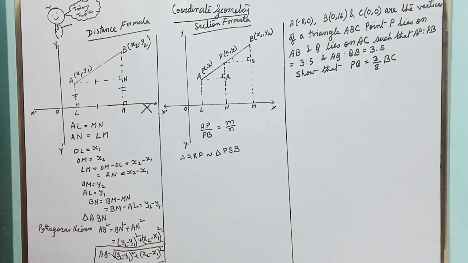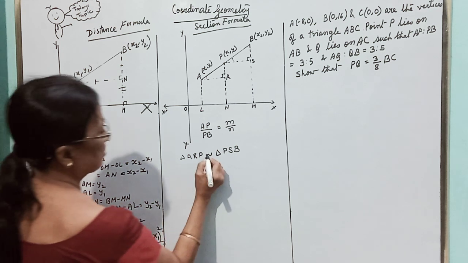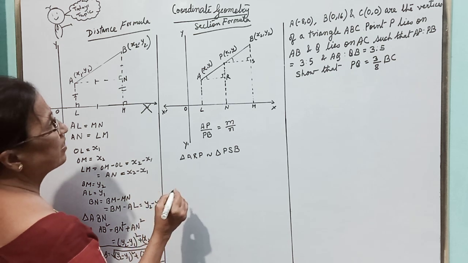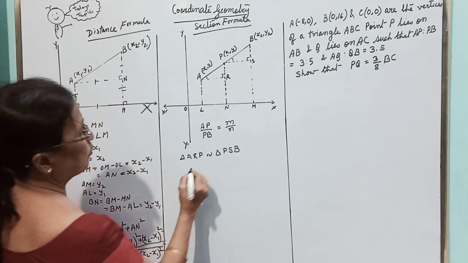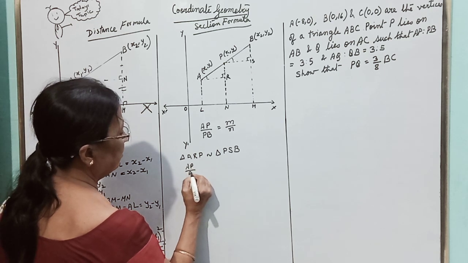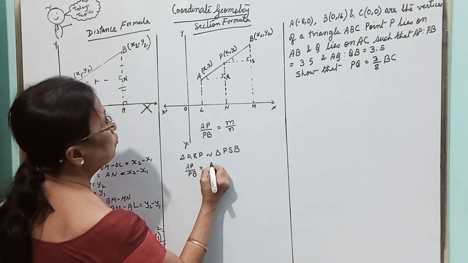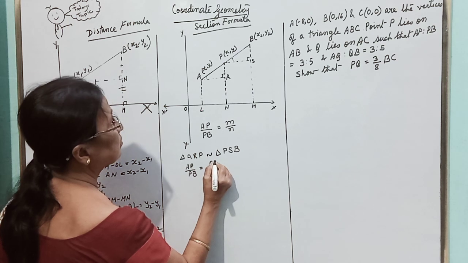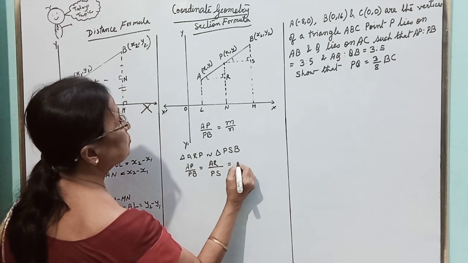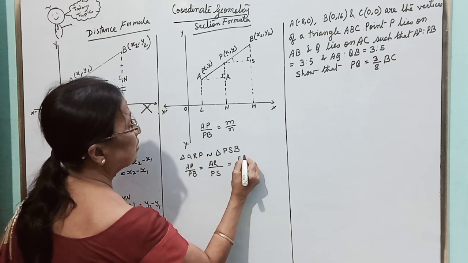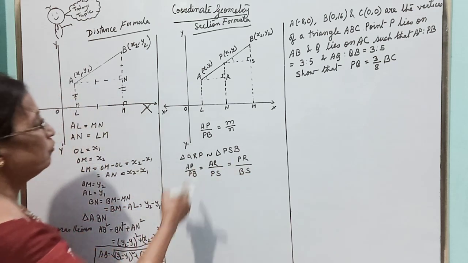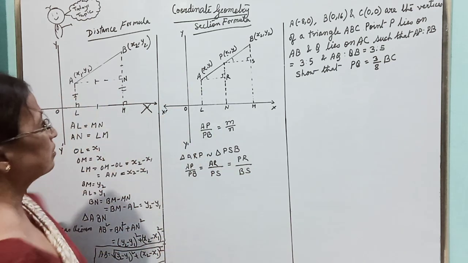So the triangles are similar. In similar triangles, the sides are proportional. So AP by PB is equal to AR divided by PS is equal to PR divided by BS.